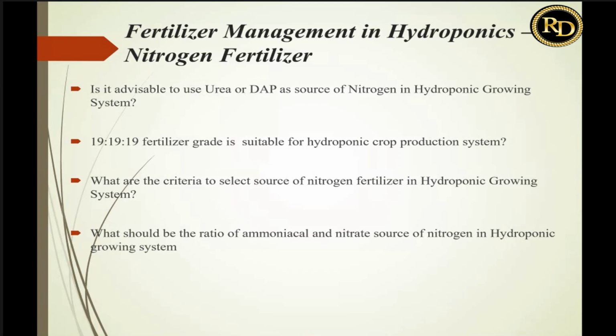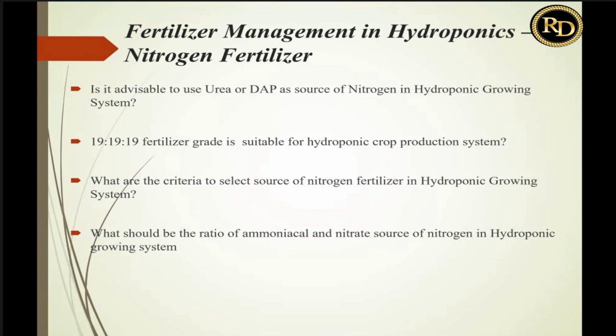So use only RO water. Why? Because the moment you take out all the salt present in groundwater, you as a grower have 100% control. Whatever you are feeding in terms of fertilizer solution, only that is going to go to your crop, and your crop is going to give you the result you're looking for.